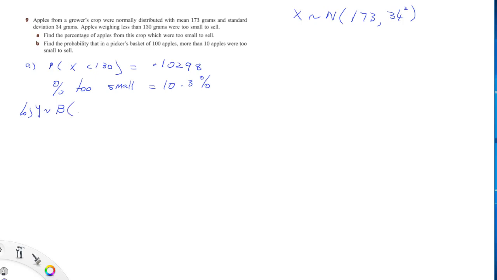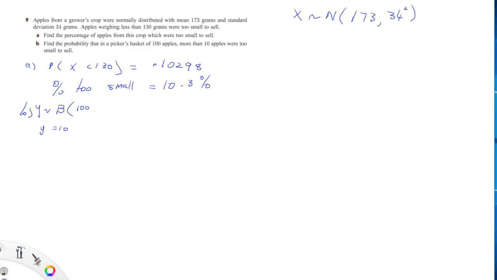The number of trials, the number, so 100 trials, the number of success is 10, and so Y should be equal to 10.